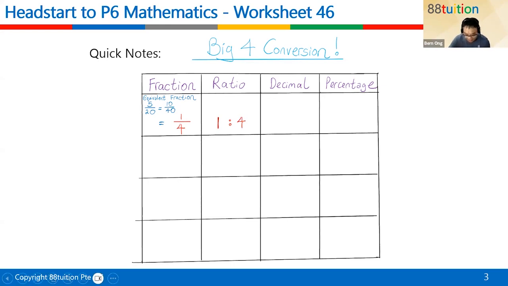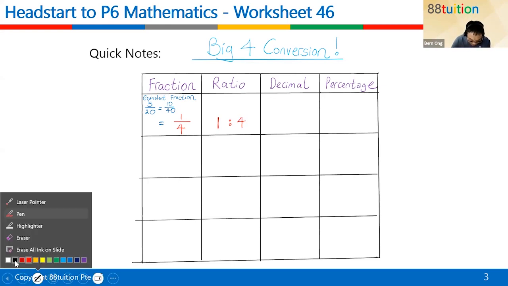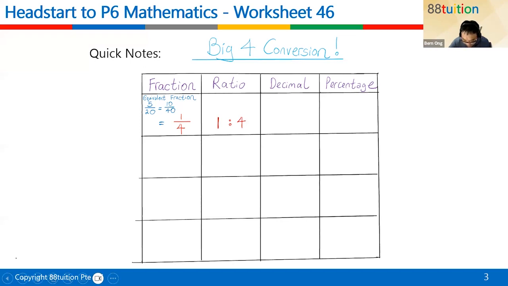If you compare the numbers, can you see that this divide line can actually be represented as "is to"? Follow the color coding. The 1 is the 1. The divide line can be written as "is to", the 2 dots. And 4 is the 4.